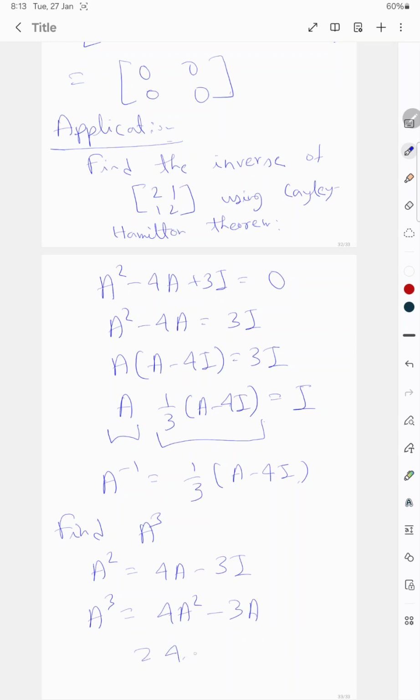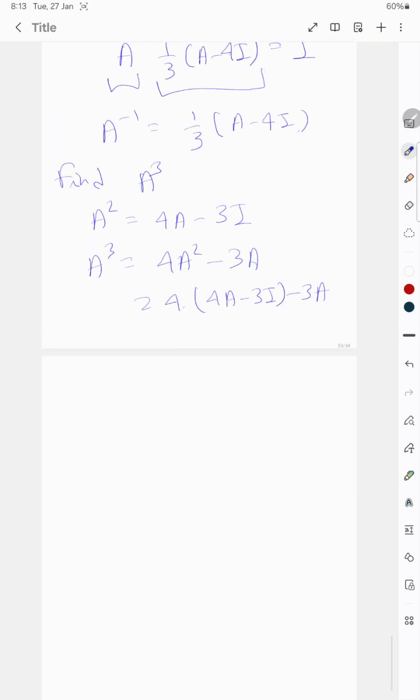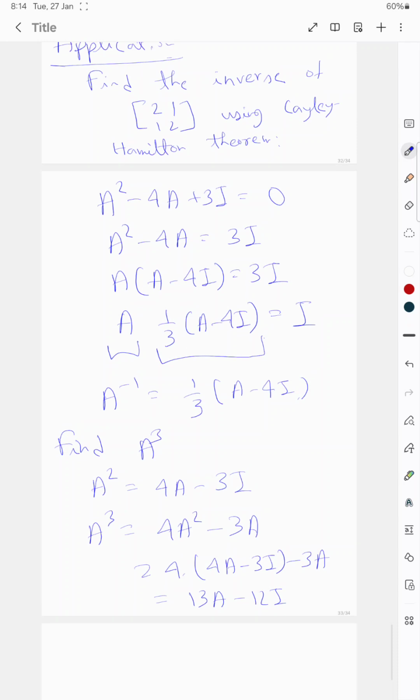Again you just substitute the value of A squared: A squared is again 4A minus 3I, minus 3A. So from there you have 16A minus 12I minus 3A, that is 13A minus 12I. So you see I am not doing the matrix multiplication, but I have the answer. This is easy to find. You just substitute the value of A and you get the answer. So these are the applications of your Cayley Hamilton.